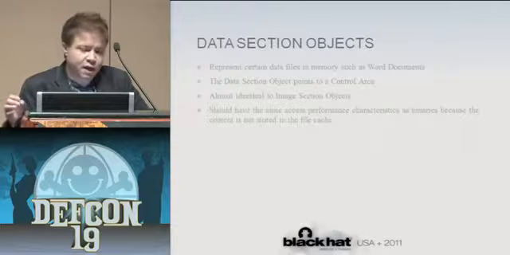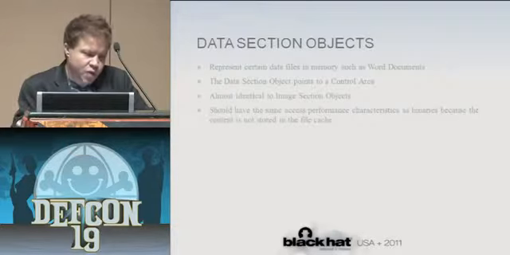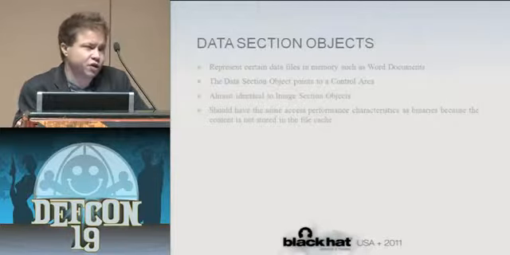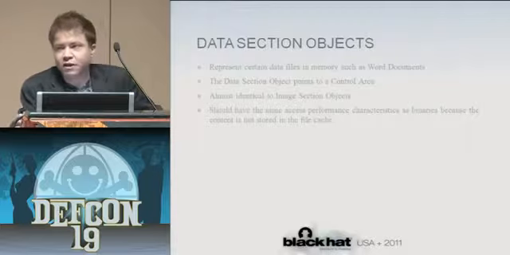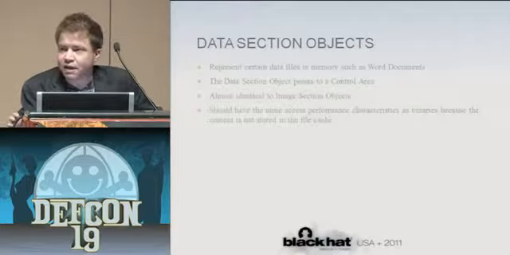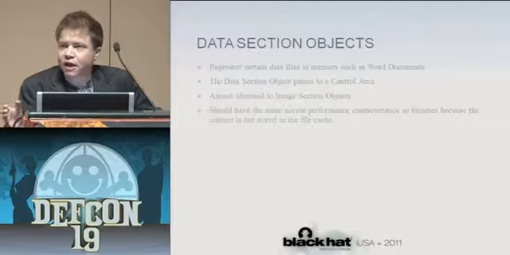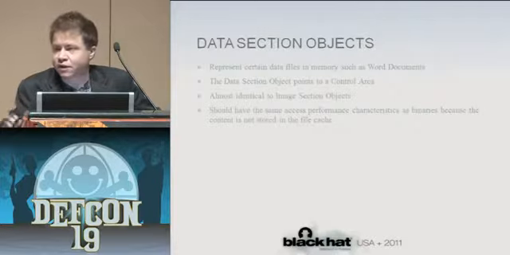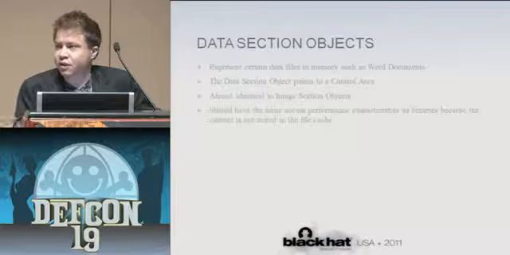But basically, since they're the same, a data section object and an image section object, they point to the same structures, we can surmise that the data access for a Word document would be just as fast as any data access or code access in this case for an image section object.